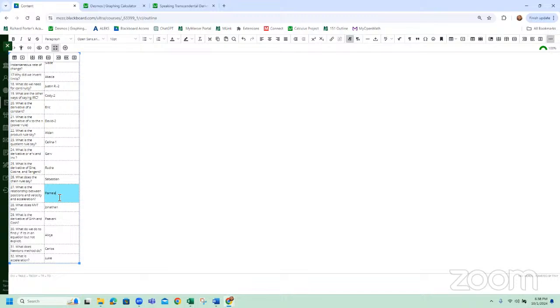Okay, so what is the relationship between position, velocity, and acceleration, which is the second derivative? What's missing? There's position, there's something, and then there's the second derivative. So there's no derivatives, something, and two derivatives.